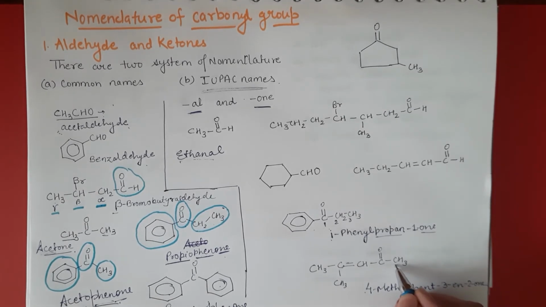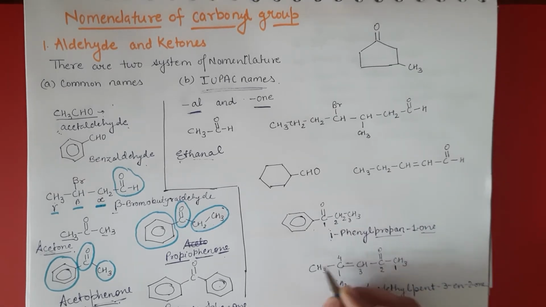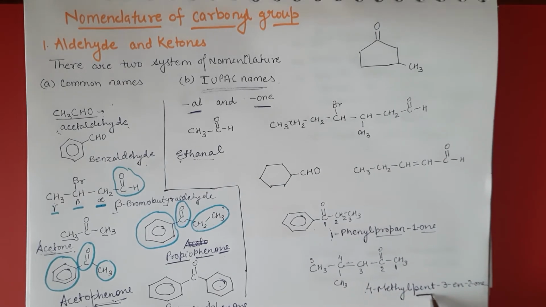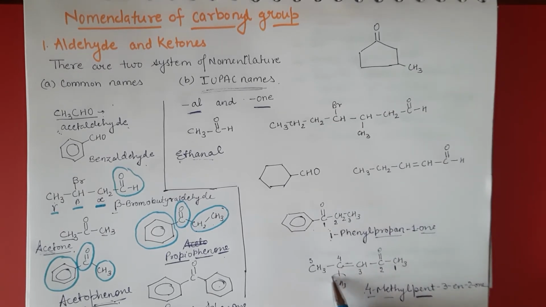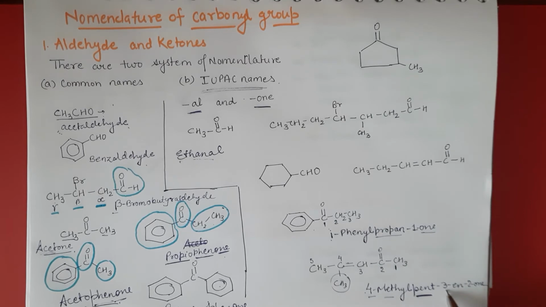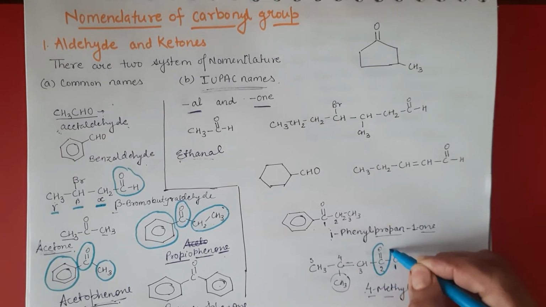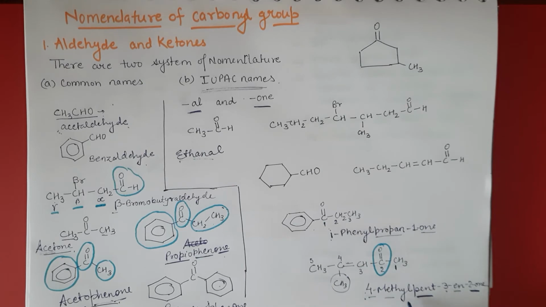We start the numbering from this side, 1, 2, 3, 4 and 5. So the carbon chain is of 5 carbon, so we write it pent. 4-methyl, because at the 4th position a methyl group is attached, and at 3rd carbon ene, alkene is present, and at 2nd carbon ketonic group is present. So the name is 4-methyl pent 3-ene 2-one.